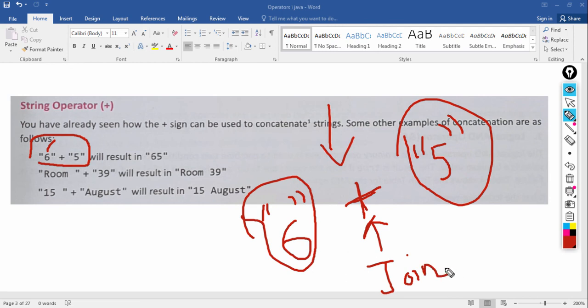It will not perform as an arithmetic operator, rather it will perform as a join operator, joining string 6 and string 5. So the result will be 65. Again, 65 is a string, it's not an integer.